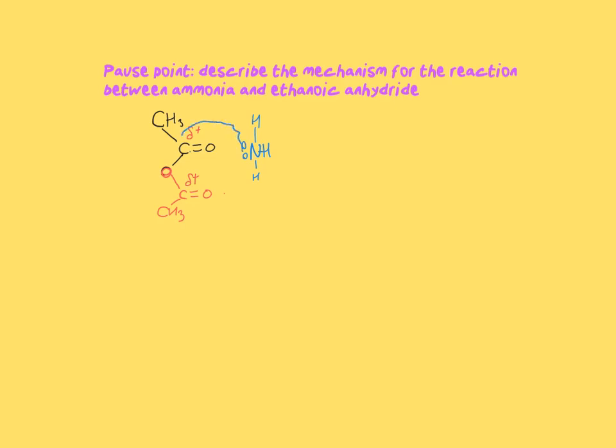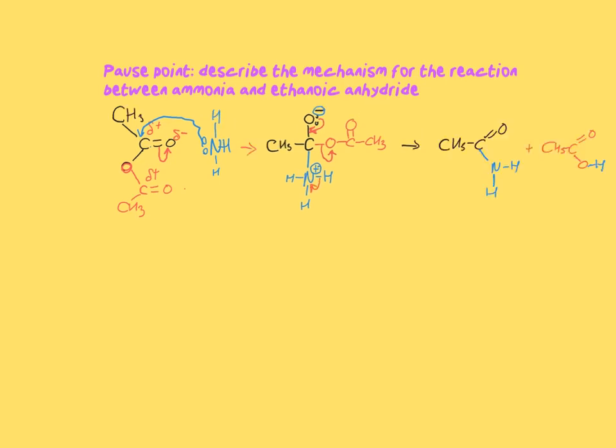So the lone pair of electrons comes in and attacks the electron deficient carbon, and at the same time a pair of electrons moves onto the electron deficient oxygen atom with the breakage of a pi bond. Again, the intermediate has a negative charge on the more electronegative oxygen atom and a positive charge on what was the ammonia molecule. This unstable intermediate, a pair of electrons moves down, reforming the pi bond, and the leaving group this time is this part of the acid anhydride, and also a proton is lost.